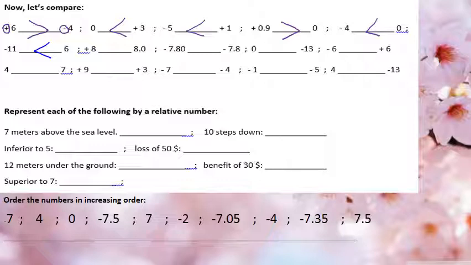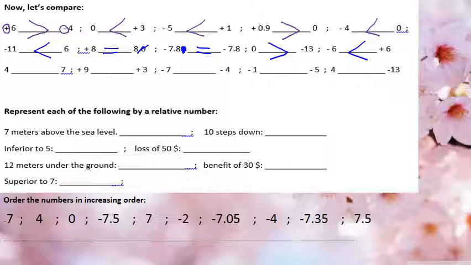Plus 8 and 8.0, 8.0 means it is 8, so plus 8 and 8 are equal. Minus 7.80 and minus 7.8, here we cancel the 0. Both are negatives and they are equal. 0 and minus 13, 0 is always greater than all negatives. Minus 6 and plus 6, all negatives are less than all positives.